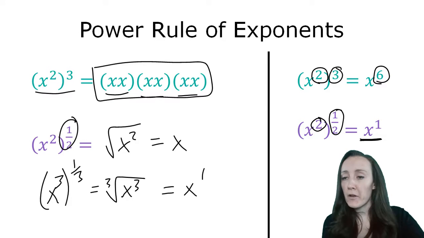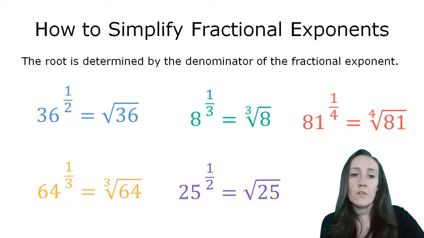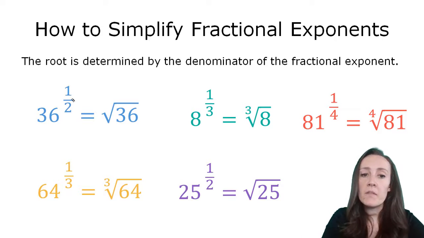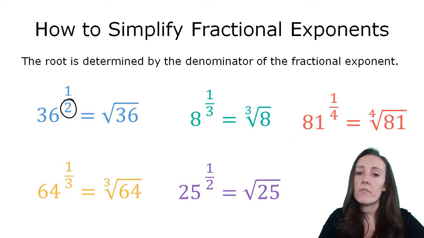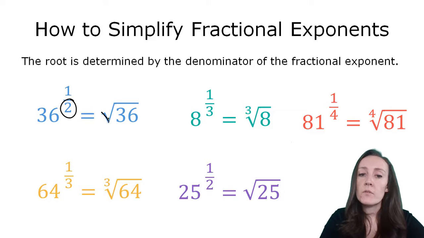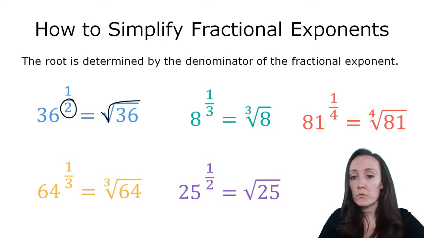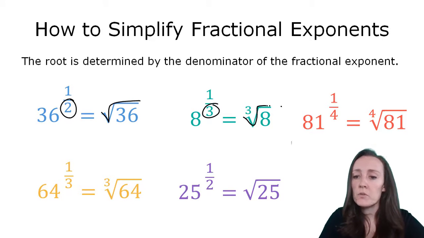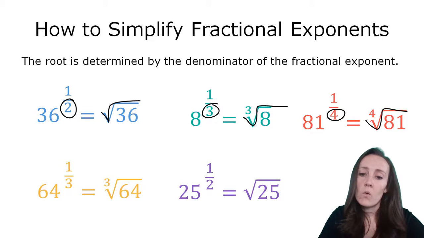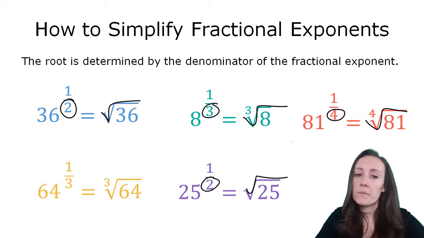To summarize, the way you simplify fractional exponents is you look at the denominator of the fraction and use that to determine what type of root, whether that's a cube root, a 4th root, or just a simple square root.